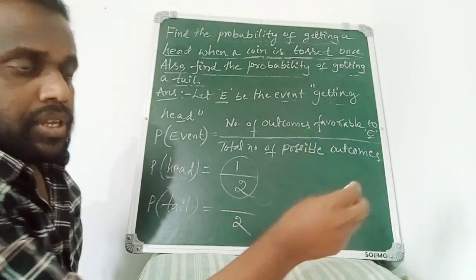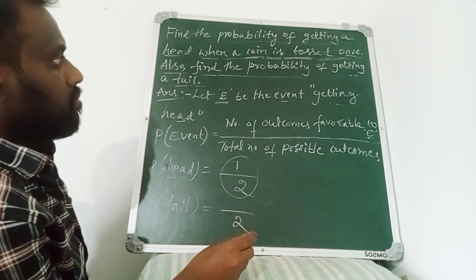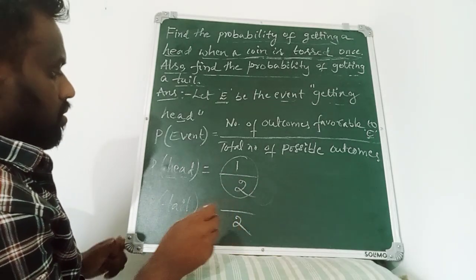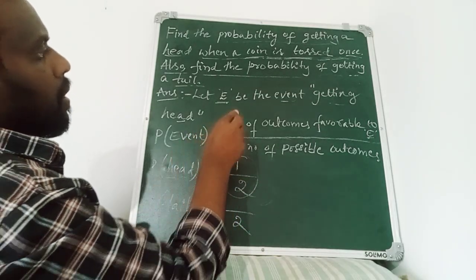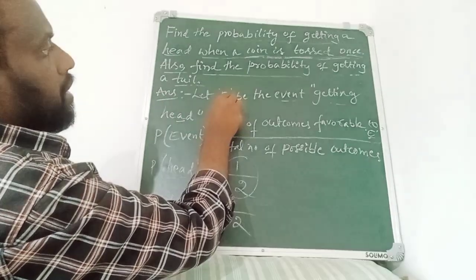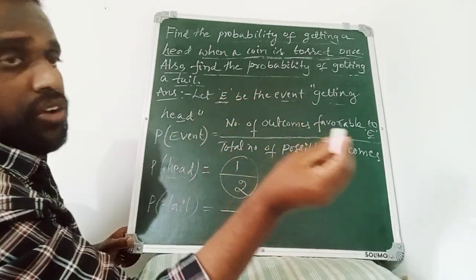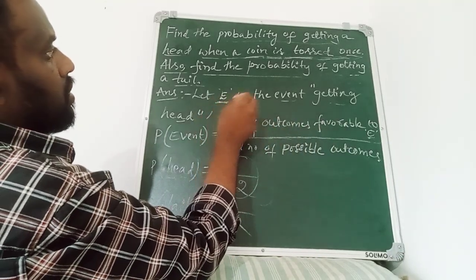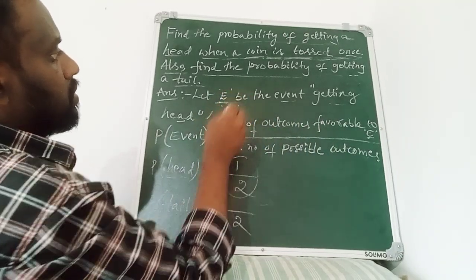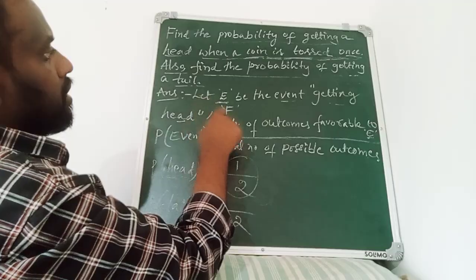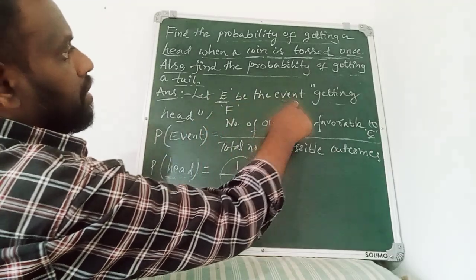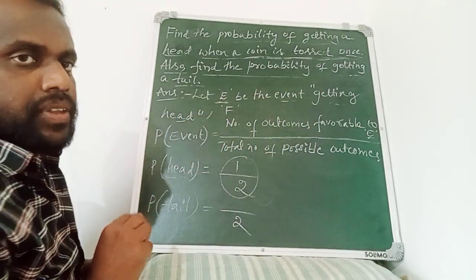Now we will see the number of outcomes favorable to E. E means event. In case of head, the event of getting head is E, but in case of tail we will take F. Let F be the event of getting tail.